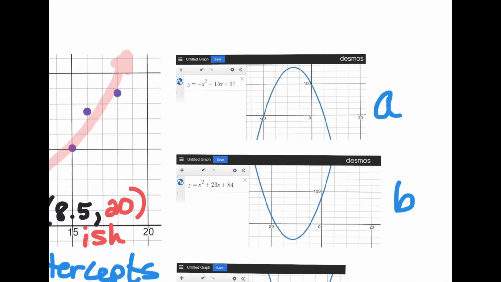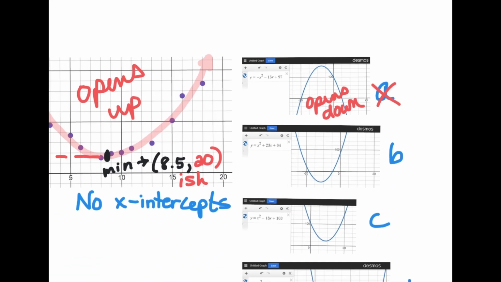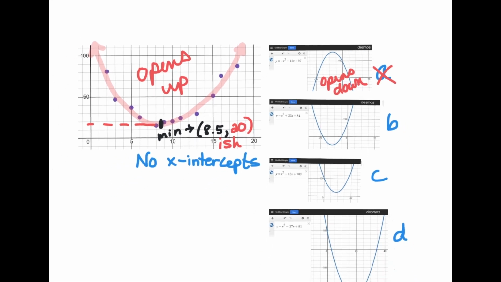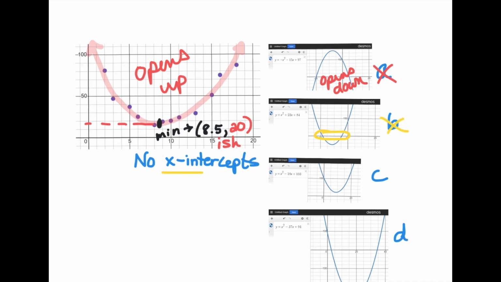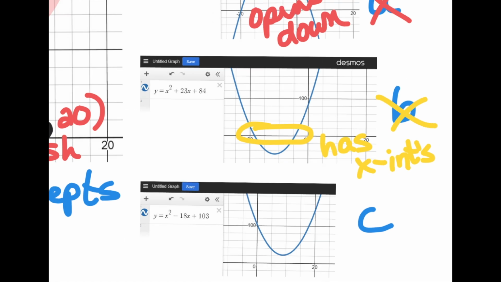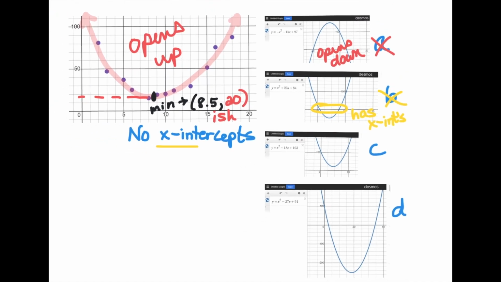Since A opens down, it can't be A, so I'll cross out A. B very clearly has 2 x-intercepts, and the graph has no x-intercepts, so I'm going to cross out B. Now, C is looking like a good candidate, so I'm going to save that for a second and go over to choice D, which also has x-intercepts.